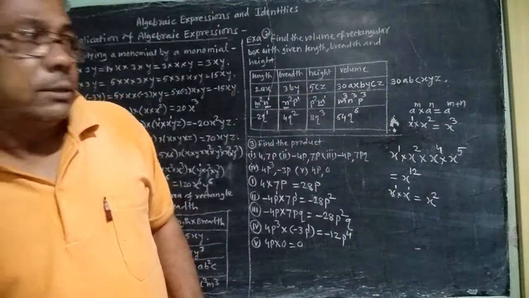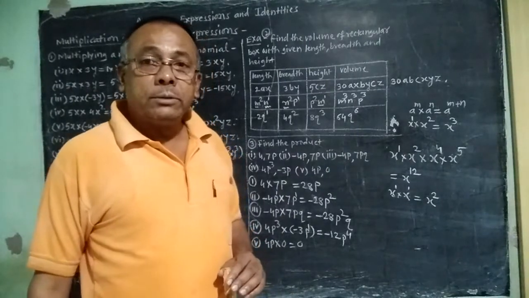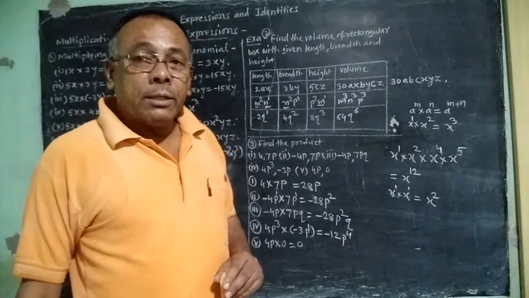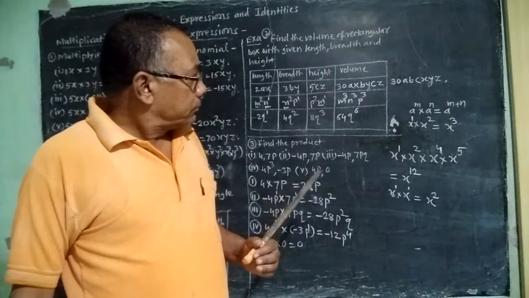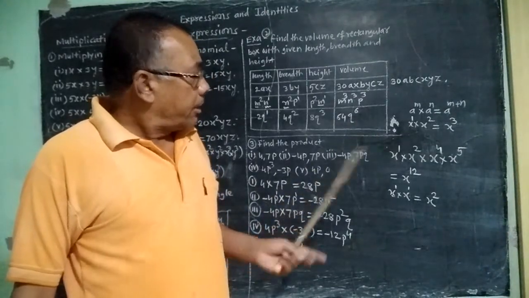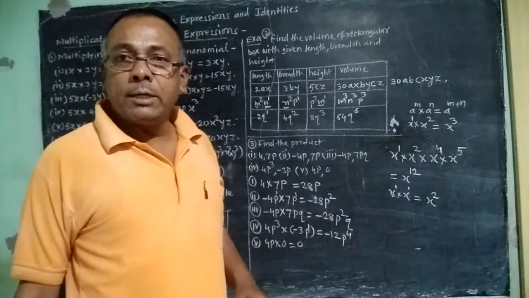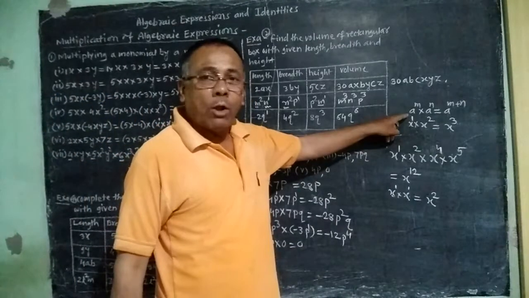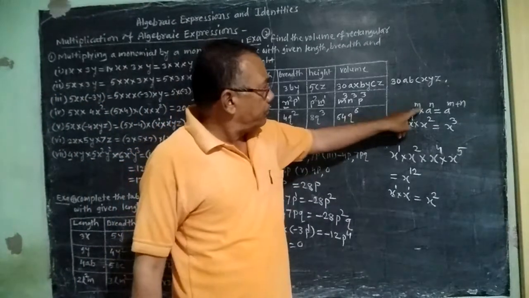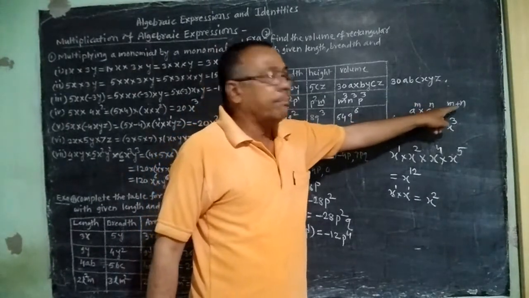In last year, we have learnt the laws of exponents. For example, we know the law that a raised to m into a raised to n is equal to a raised to m plus n.